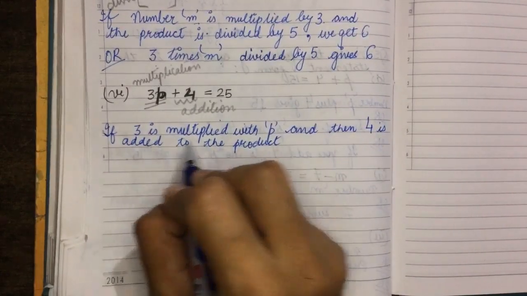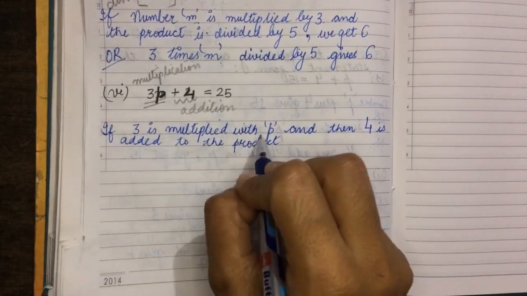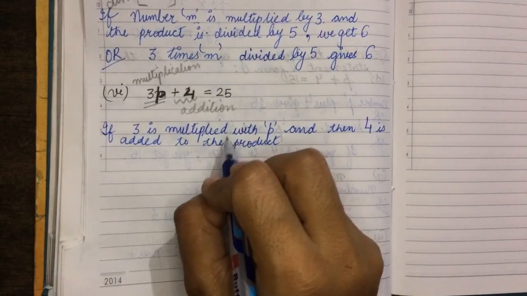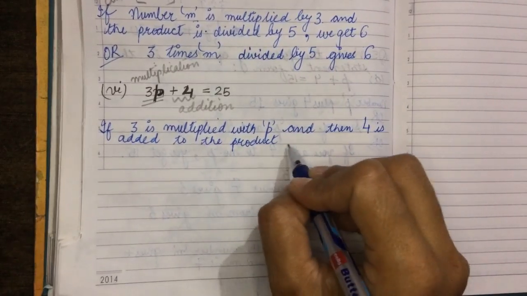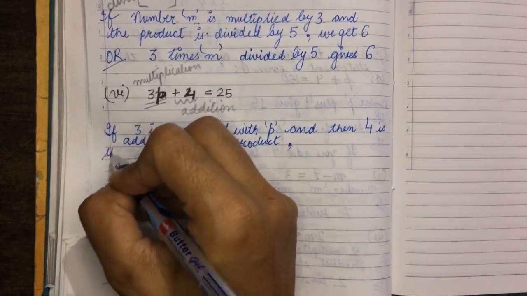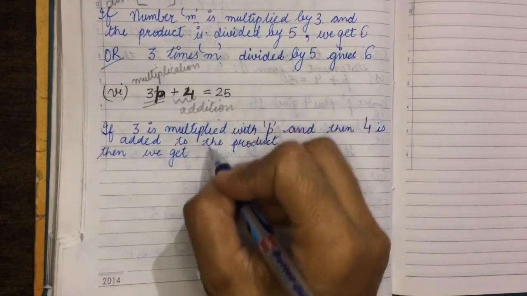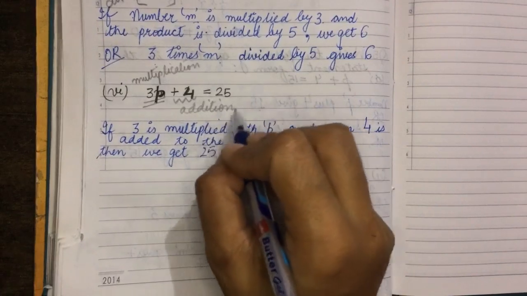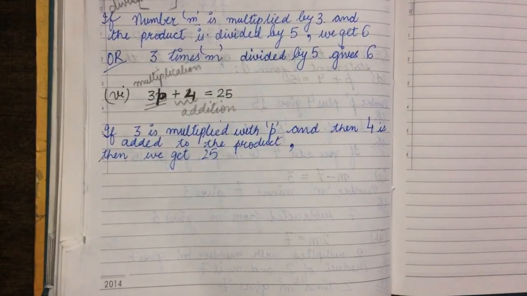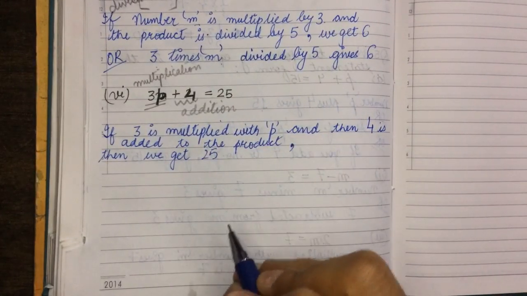So when you multiply 3 with p, it becomes 3p. To 3p, we add 4. What happens? Then we get 25. The value on the right of equals to. Now I have explained in detail.